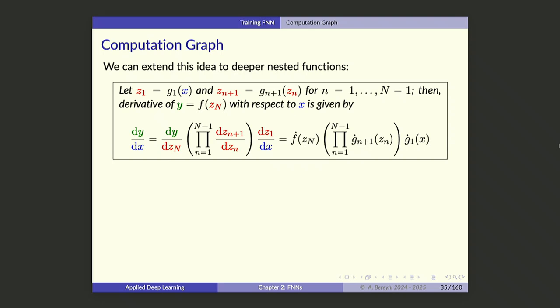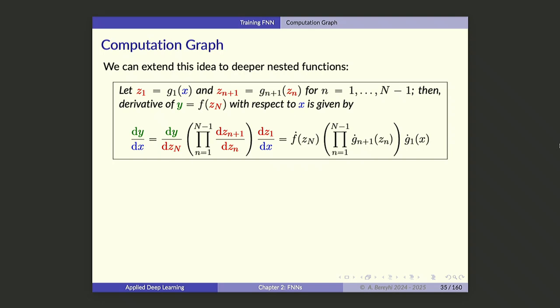How can I write down dzn to dx now? dzn to dzn minus 1, which is the immediate term in the function, times dzn minus 1 to dx.